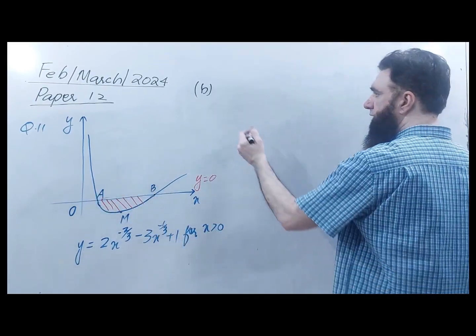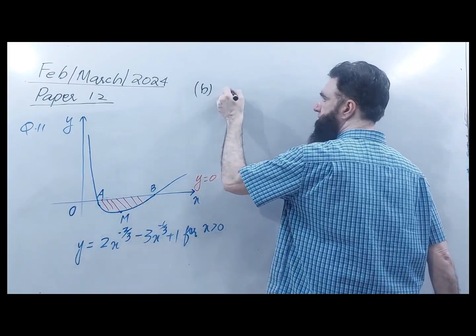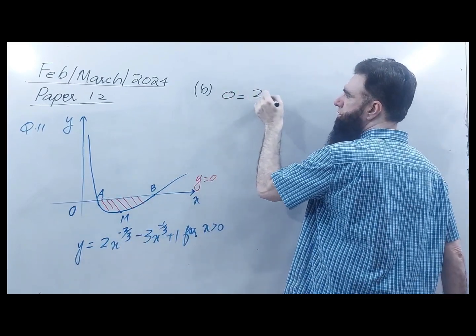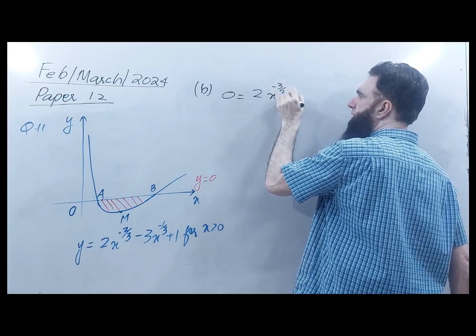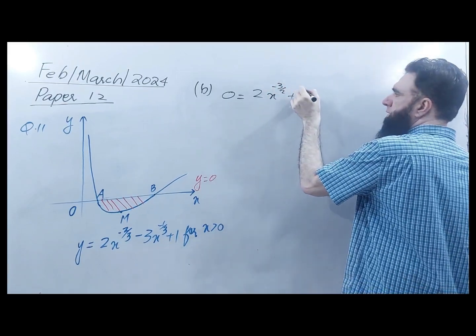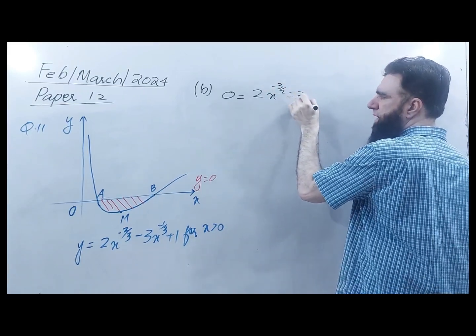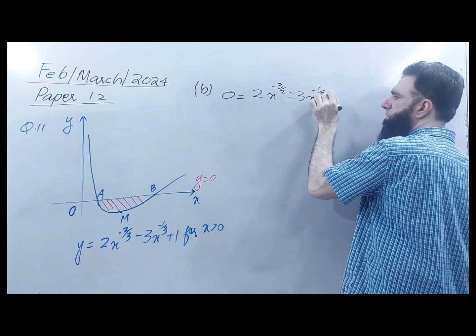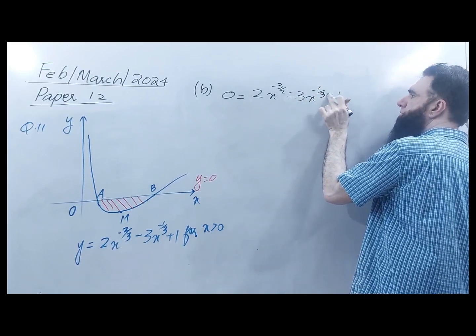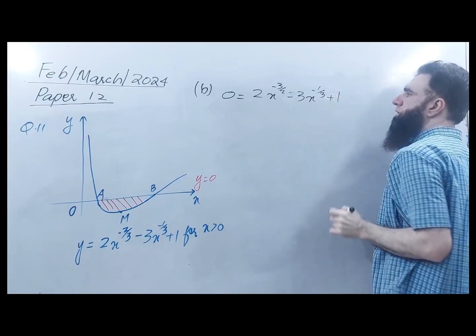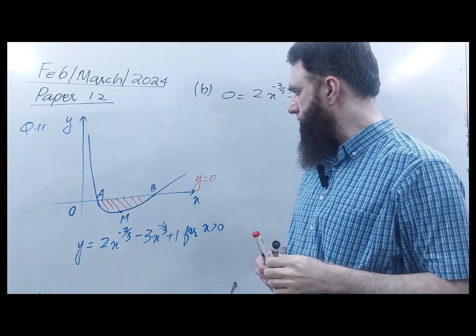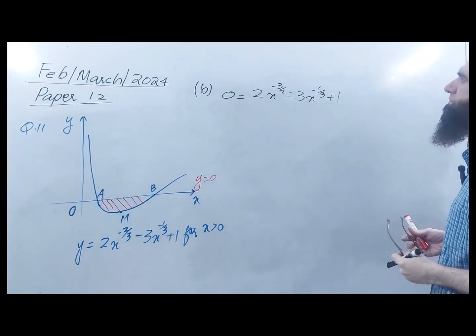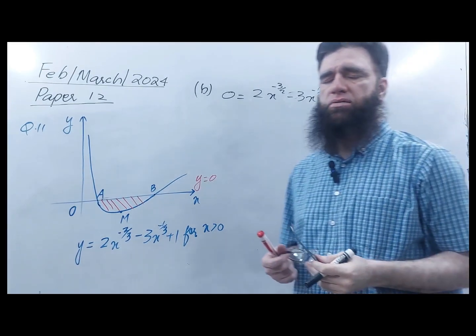So what we do is, we know y equals 0 here. So y is 0, 2x power minus 3 by 2, minus 3x power minus 1 by 3. I hope you have gone through the videos of coordinate functions.